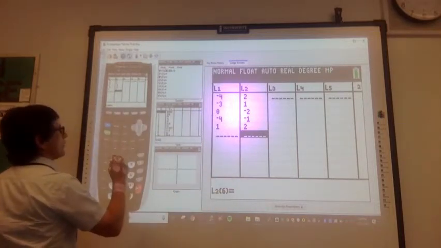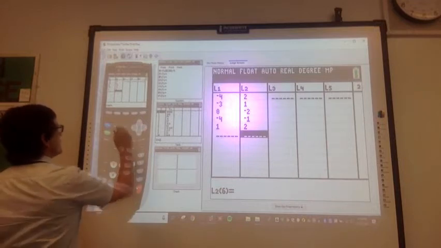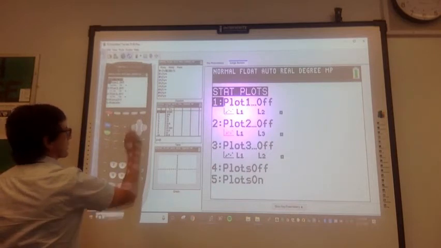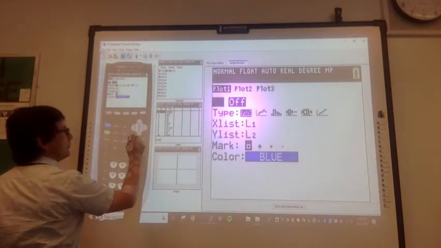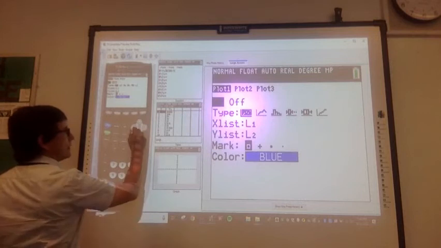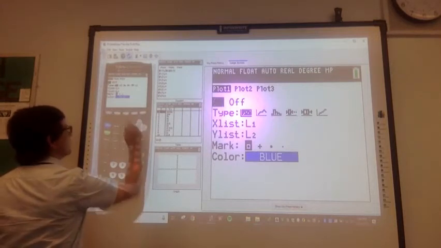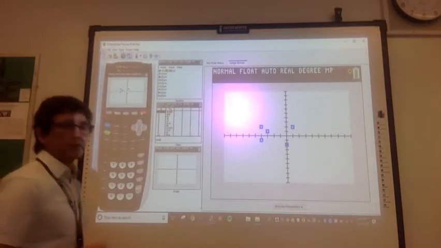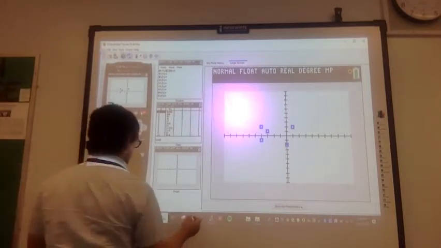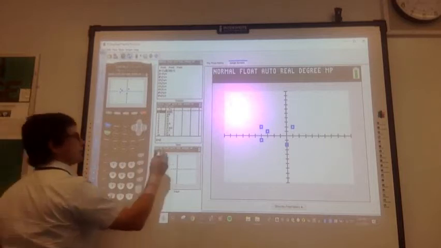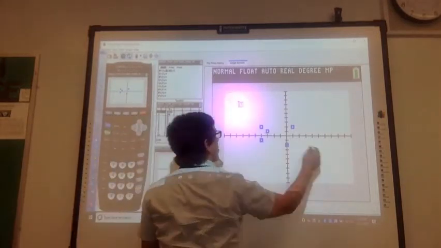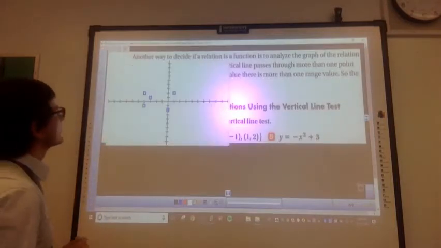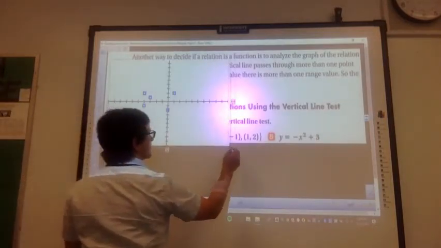So now we're going to graph these. I have to do a few things here to graph, so let me just check. That's good. So I can hit graph now. And there are the ordered pairs. So when we talk about this vertical line test, let me just copy this onto the page.